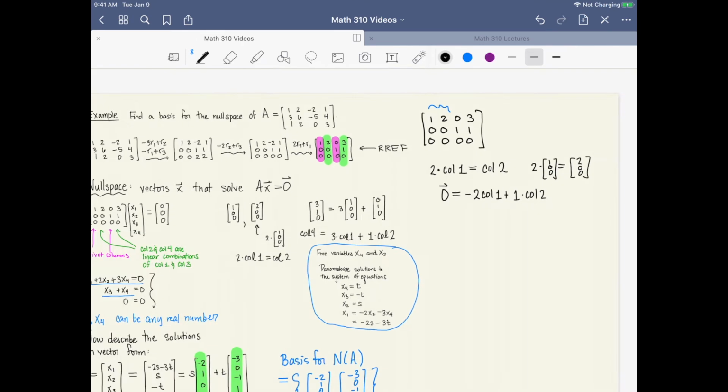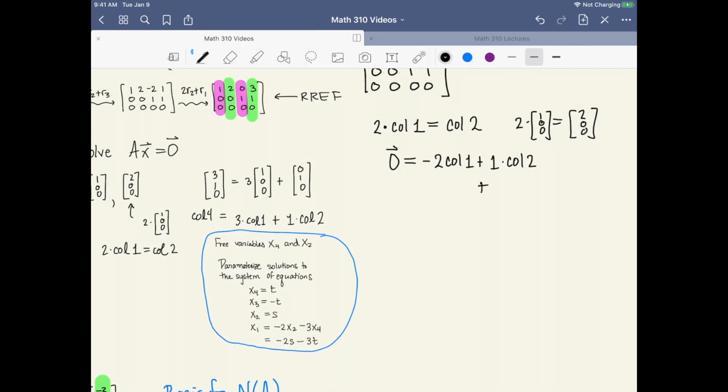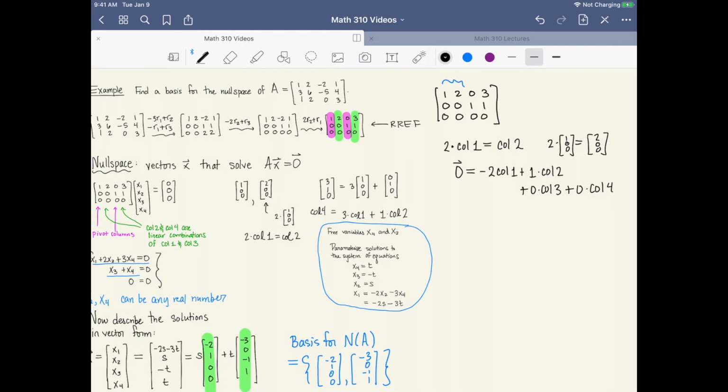There's also a plus 0 column 3 plus 0 column 4. So if I take a look at this linear combination, I'm going to take the coefficients out of it. So I want to take the minus 2, the 1, the 0, and the 0. And let me put those coefficients into a vector. Minus 2, 1, 0, 0.